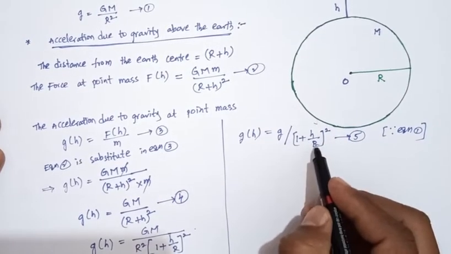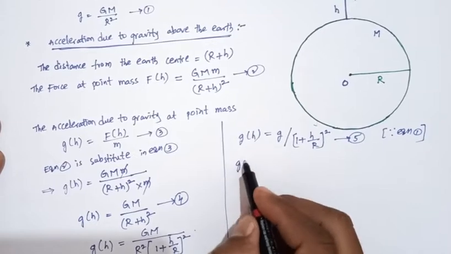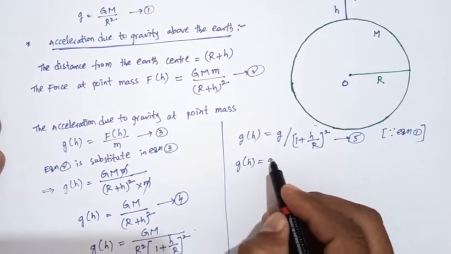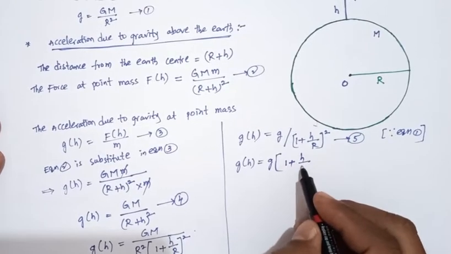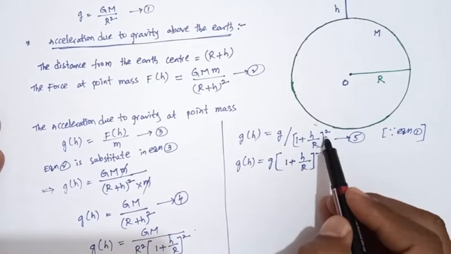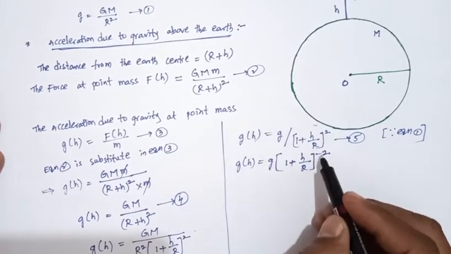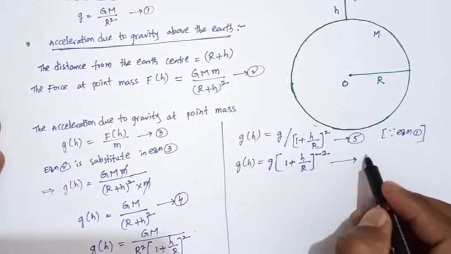Taking it to the upper side, g of h equals g into 1 plus h by R to the power of minus 2. The power becomes numerator minus 2. So this is equation number 6.